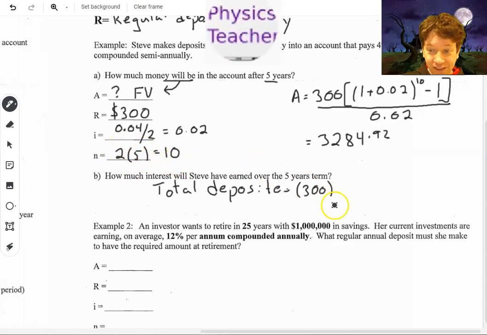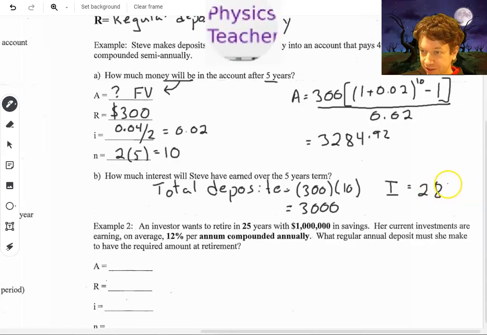So a total of 10 deposits. So if we just look at the deposits, Steve deposited $3,000. So how much interest did he earn? Well, subtract the two. Looks like he earned in interest $284.92.